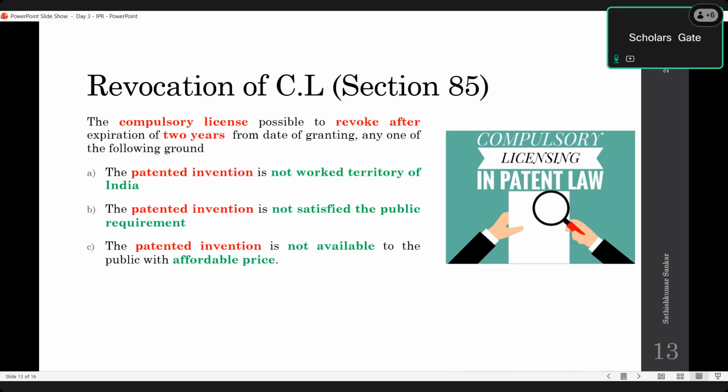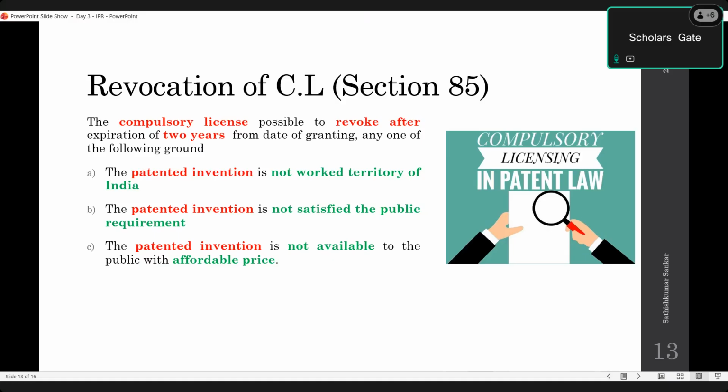The first one is the patented invention not worked in the territory of India, which is the reason the compulsory licensee got the license from the true inventor through the controller. So first, once the patent is granted, within 3 years, if that particular patent is not worked in the territory of India, then it goes for the compulsory license.